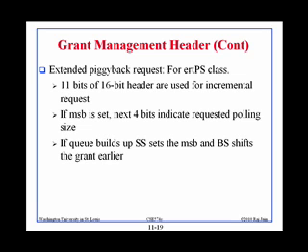Right, so it's on-off. So basically, this one has 11 bits for incremental request. And then MSB is set, then this has 3 parts actually, as we said. If the MSB is set, then the 4 bits indicate that you request me, the polling size, and then if the queue is built up, then you set the MSB bit, and then the base station will shift.